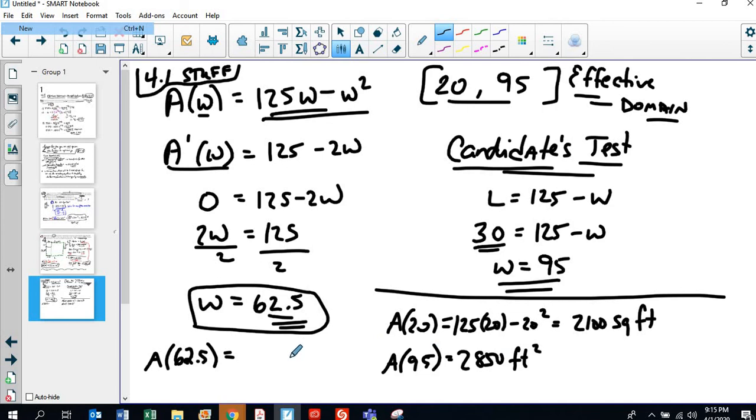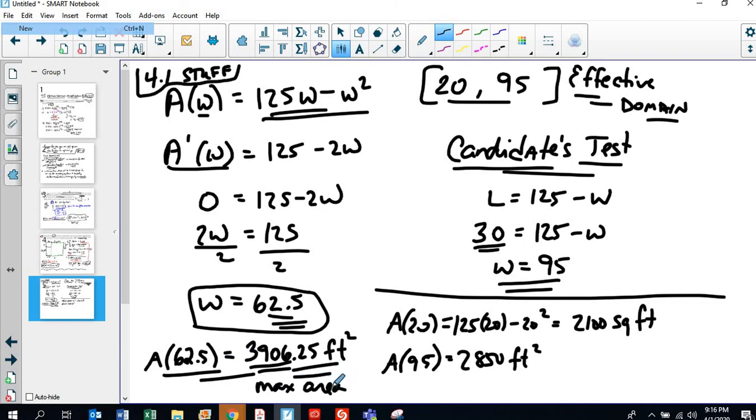And then, of course, if you take 62.5 as your W, you take 125 times 62.5 minus 62.5 all squared, and you would end up with 3,906.25 square feet, and that is by far the largest. Okay, so that's your max area.